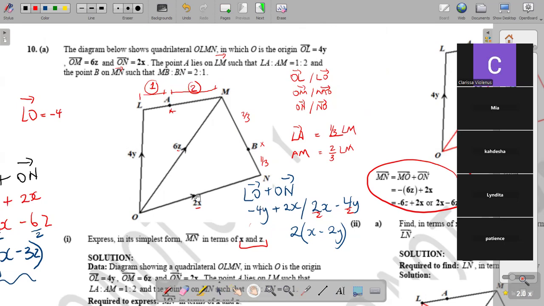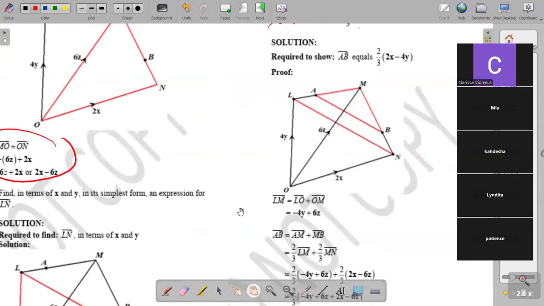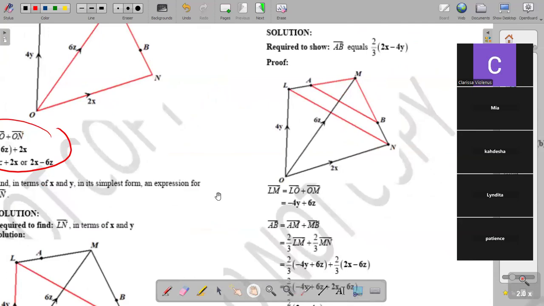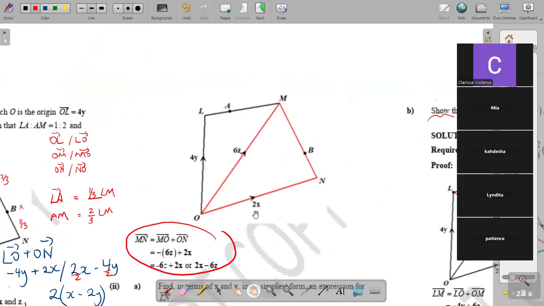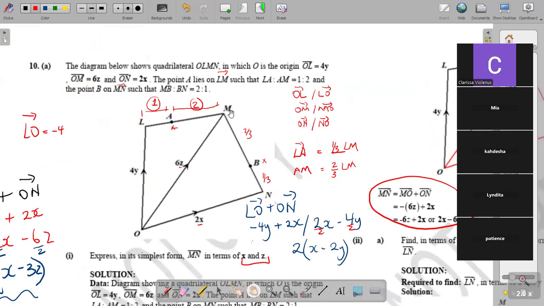So let's go. What they ask for is AB. So we need to create a formula for AB. Based on the pathway, what lines should we go? If I want to go from A to B, what should I be following? What's the formula for AB? Based on the picture, what pathway would you use?